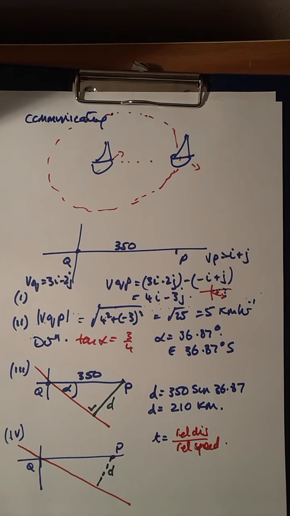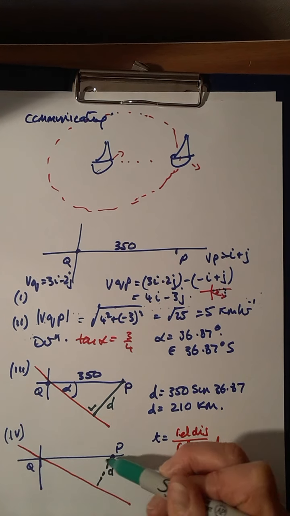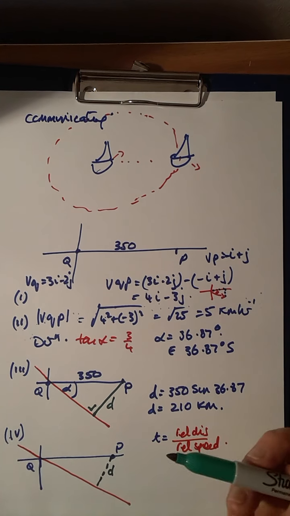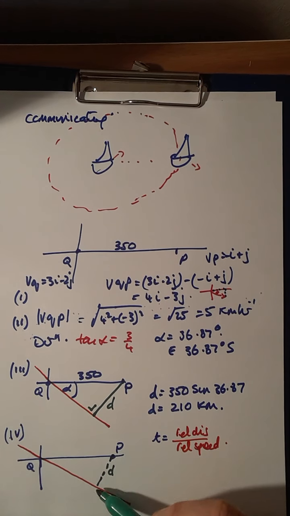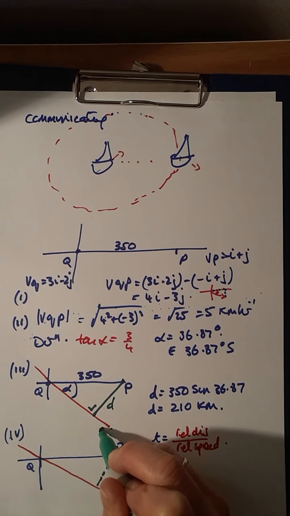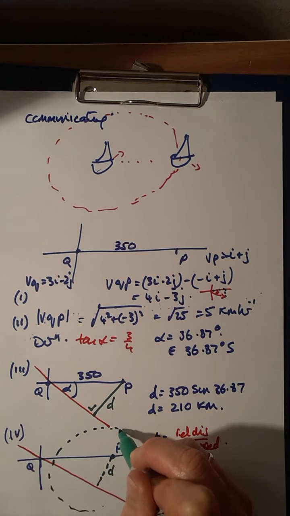So I'm going to draw a circle around P with a radius of 290 kilometres. And that circle will touch, obviously, the relative velocity line in two places. This distance here is 210, which I know after finding that. So if I draw a circle around here, like that, once they are within that distance, they can communicate with each other.